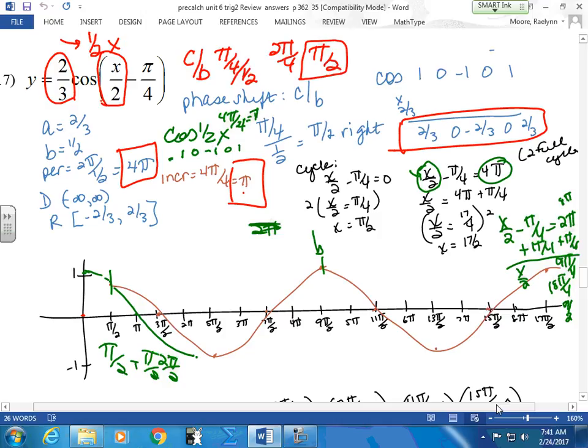But now I'm expanding this. I'm taking twice the space to put my tick marks, aren't I? I'm not going every pi over 2. How far am I going before I make a tick mark? Every pi. So therefore, instead of starting at pi over 4, shouldn't I also double that and start at pi over 2? I have to expand everything the same way.